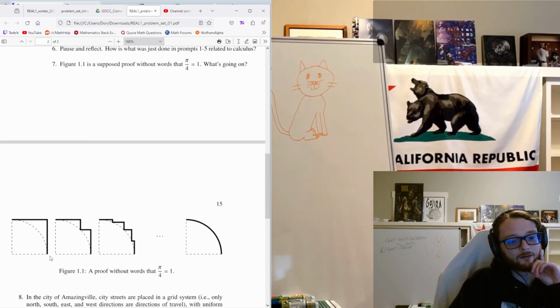Taking the parts of the square. You won't spoil? Thank you. It does visually seem to make sense that the perimeter of this partial square would approach the circumference of the partial circle.